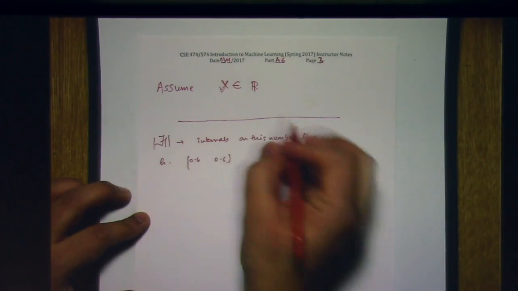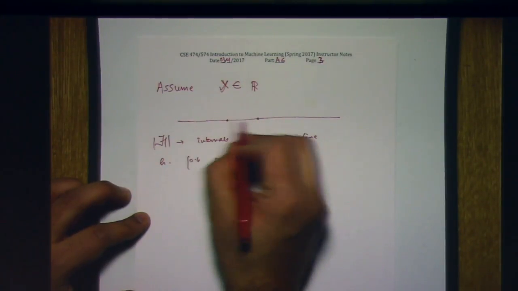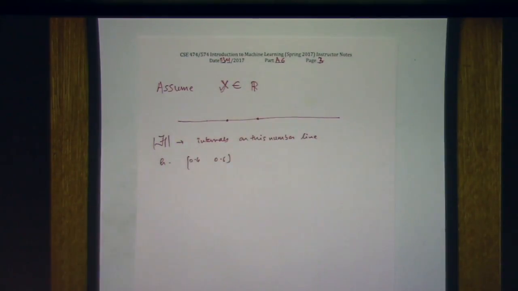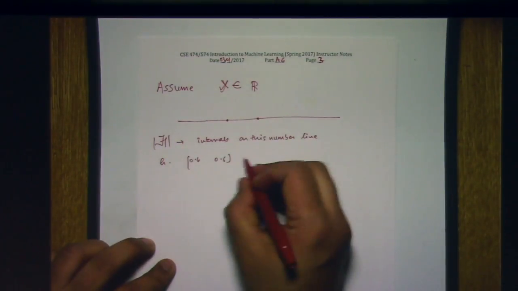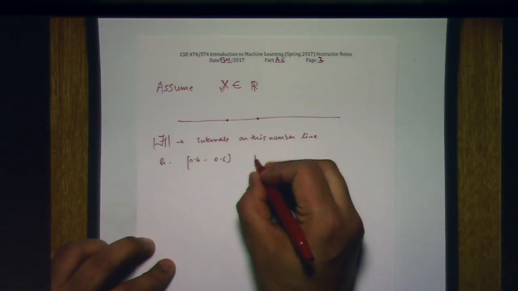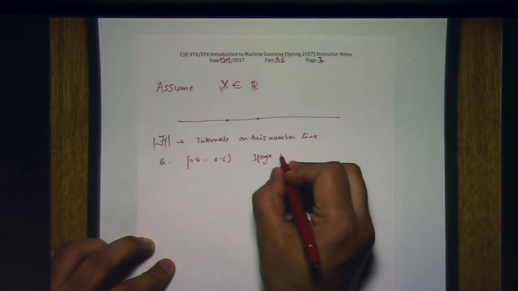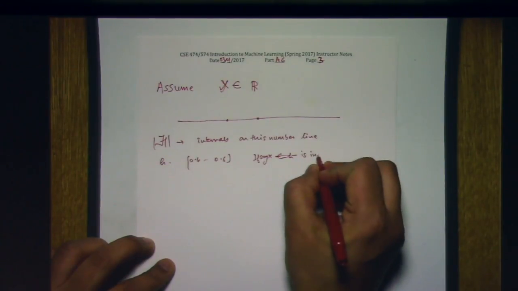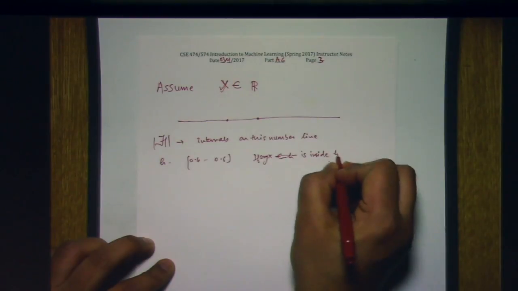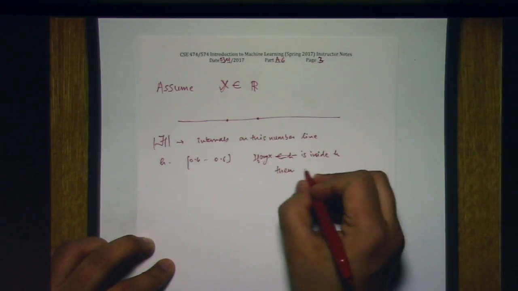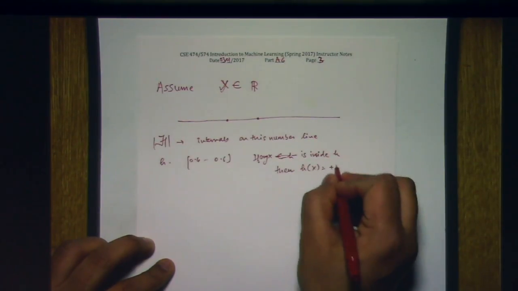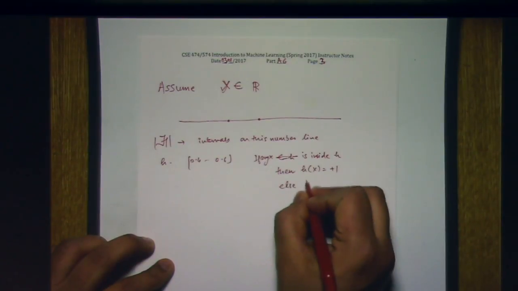What that means is that it will call anything that is between this as positive and anything outside as negative, right? So what this means is that if any x belongs to H or is inside H, then H of x is +1, else H of x is -1.